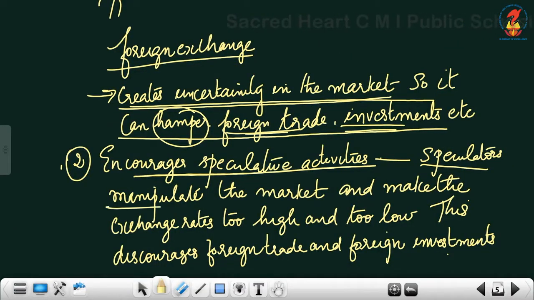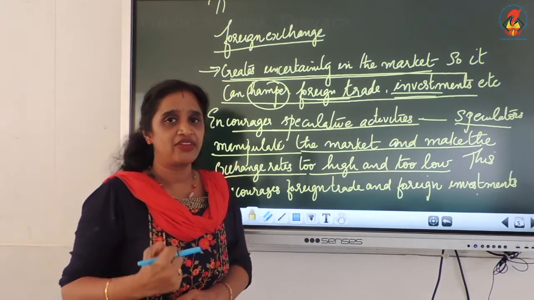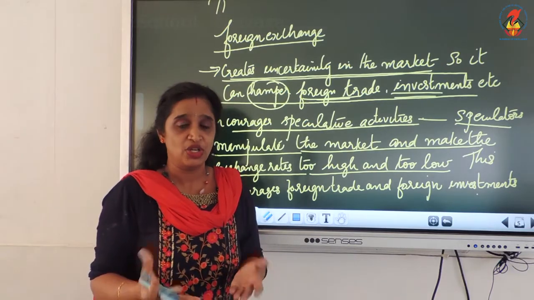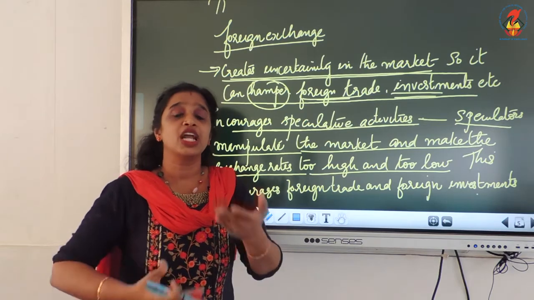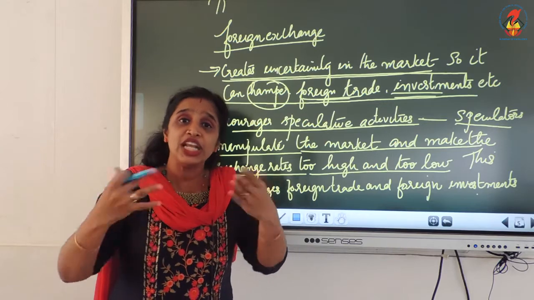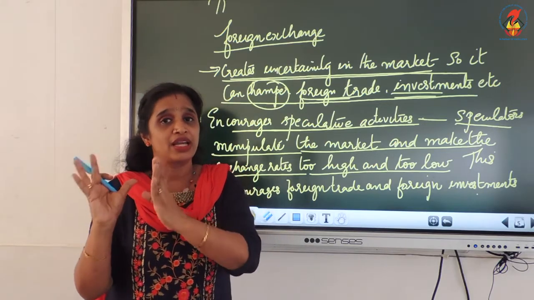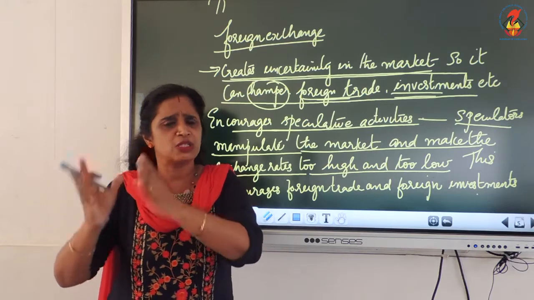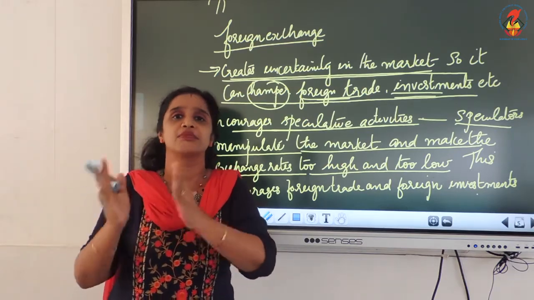Speculators manipulate the market and make the exchange rates too high and too low. If the exchange rates are favorable, more will be purchased and more investments will be made in the economy. So ultimately, there will be fluctuations in the exchange rate, very low as well as very high. When it is a profitable time for the investors, lots of investments and purchasing of foreign exchange take place simultaneously in the market.